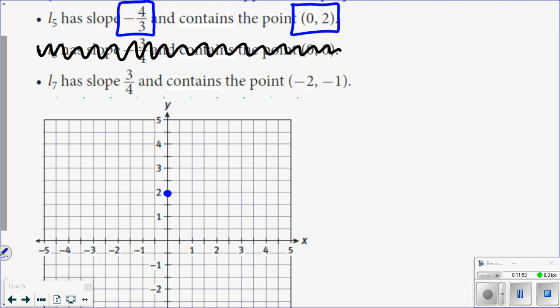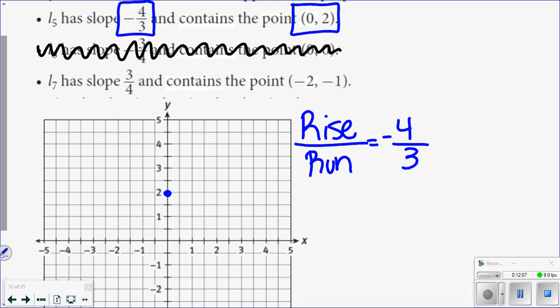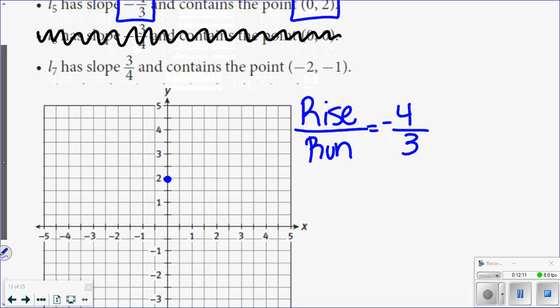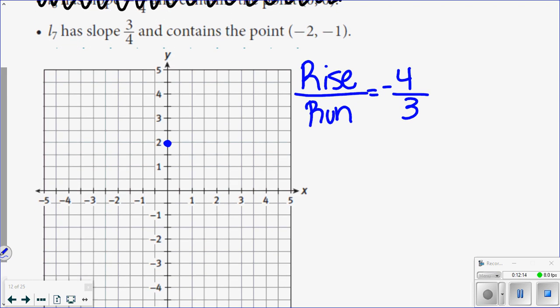Now we're going to use our slope, which is rise over run, and that happens to be -4/3. I'm going to put my pencil on this y-intercept, and I'm going to go down 1, 2, 3, 4, and right 1, 2, 3 boxes, and put my point.